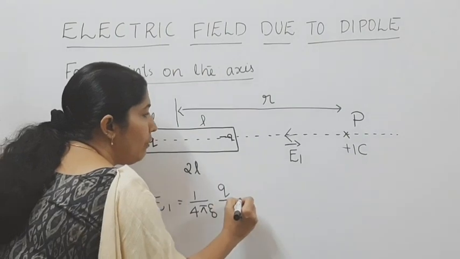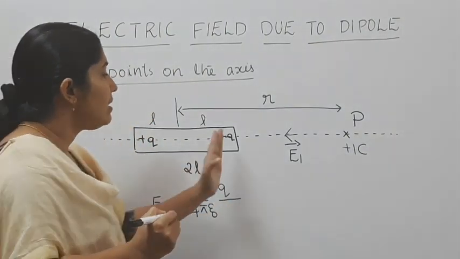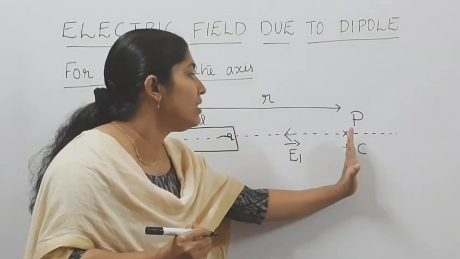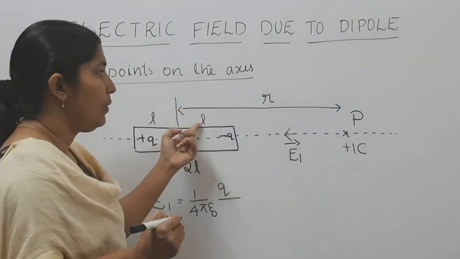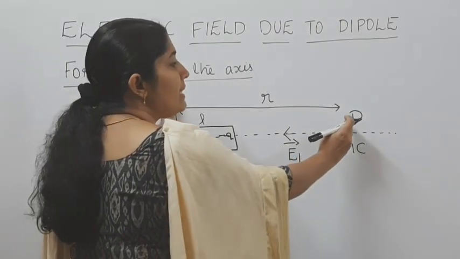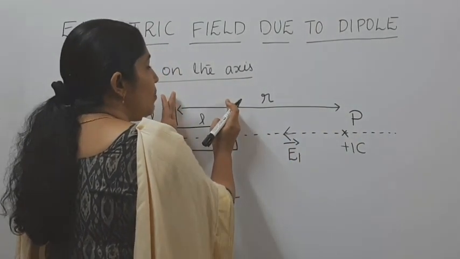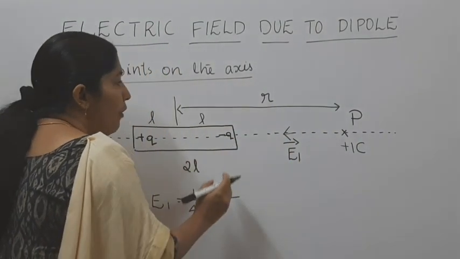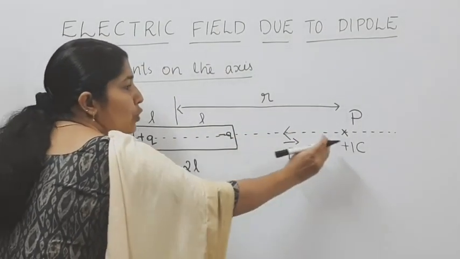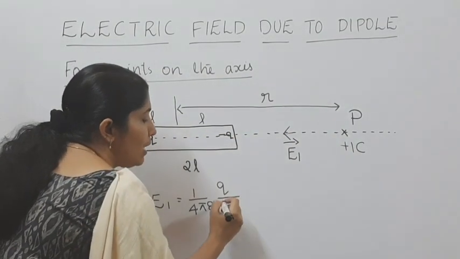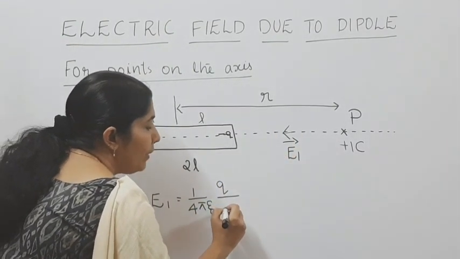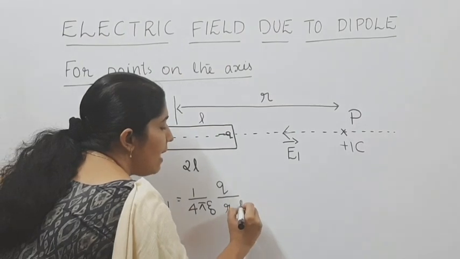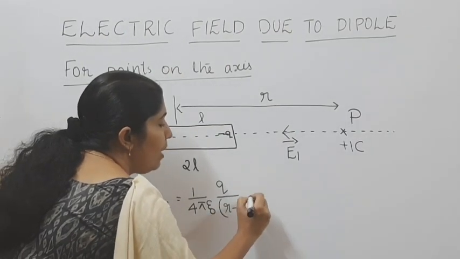What about the distance from minus q to the plus 1 coulomb charge? From the center to P the distance is r, and this much distance is l. Therefore, the distance from minus q to P is r minus l. So E1 is equal to 1 by 4 pi epsilon 0 into q divided by (r minus l) the whole square.